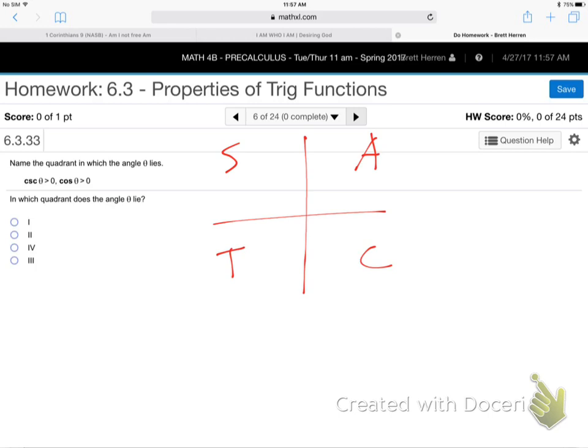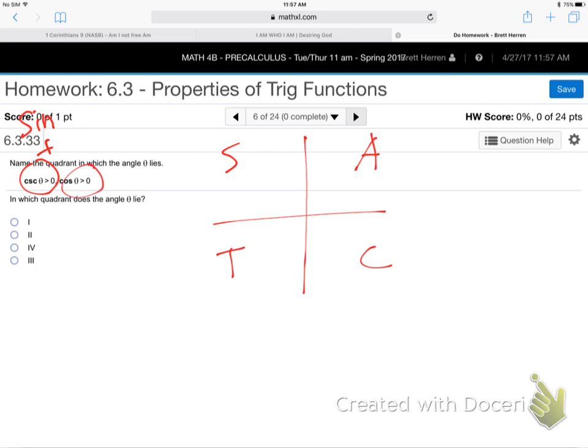So where cosecant is greater than 0, they're saying positive. Now cosecant, that's the upside down of what? Sine. You want to put those on your 3x5 card if you don't have them memorized. Cosecant and sine are upside down of each other, so it's saying cosecant positive, same thing as saying sine positive.